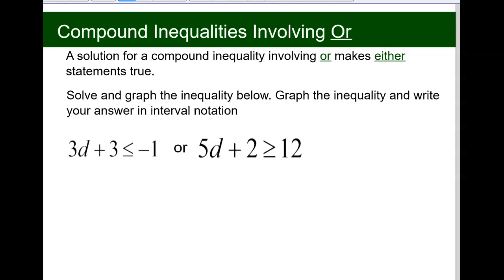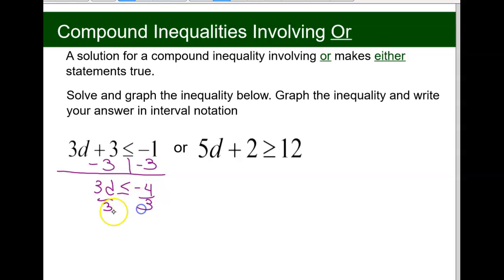Okay, last one here. I am going to subtract 3 on all sides of this compound inequality because I'm trying to get d all by itself. So 3d is less than or equal to negative 4.